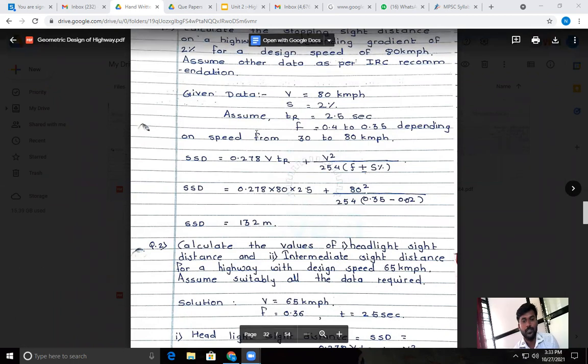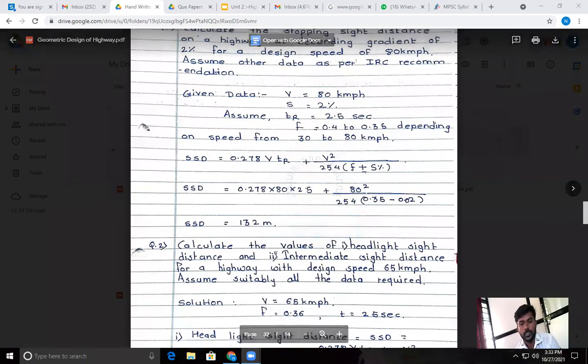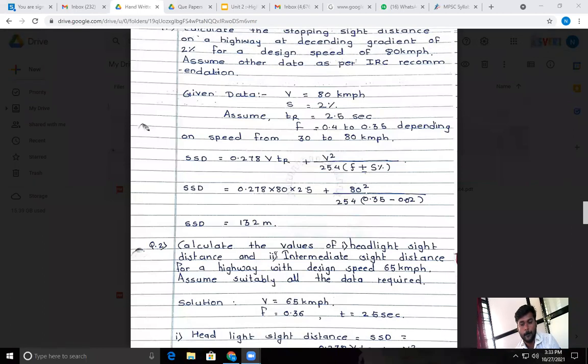If you have calculated the first, solve the second problem and text me the answer.